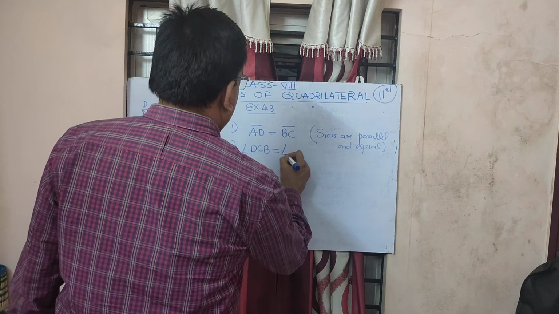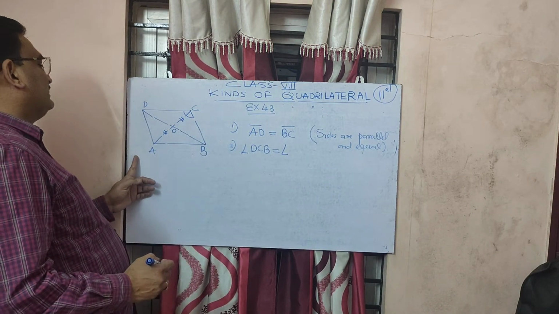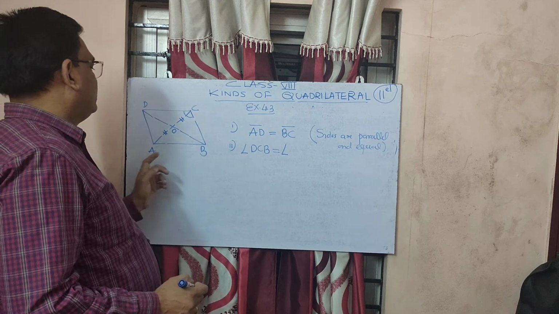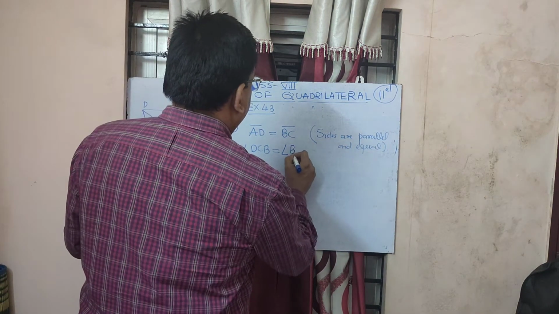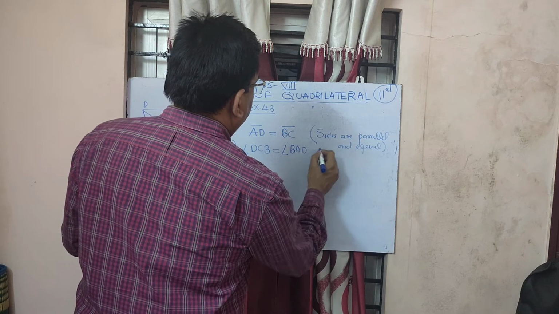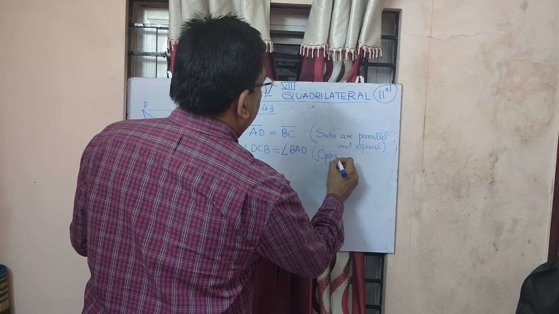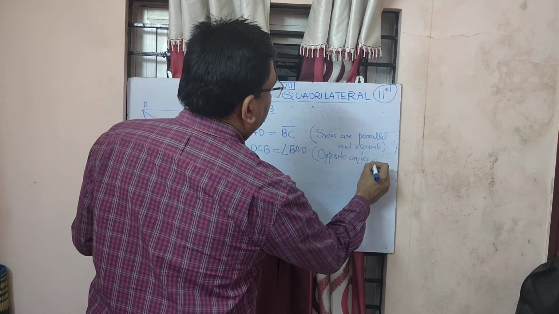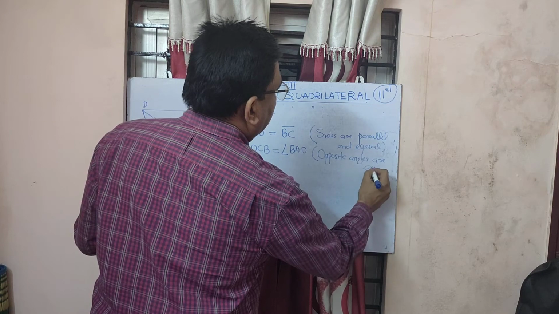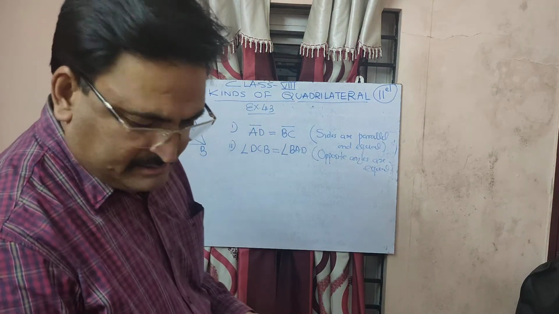Now, according to the property, opposite angles are equal, means this angle, that is angle BAD. Opposite angles are equal. This is the property used here.